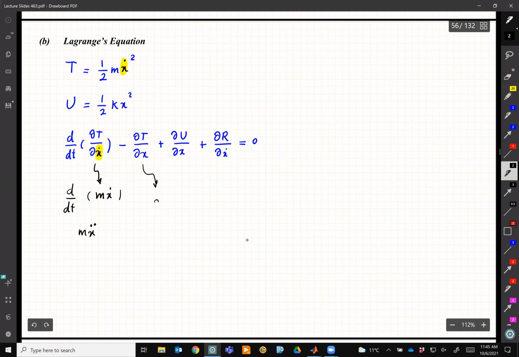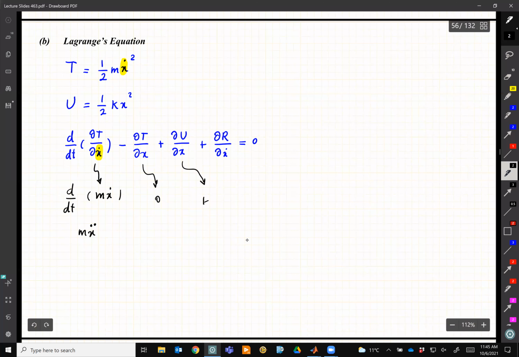The derivative of T with respect to x is 0. In most problems that we will solve, this term is 0. But there are problems where this term is not 0, usually when things are not linear or in rotating systems. But in most cases, there is no x in T.